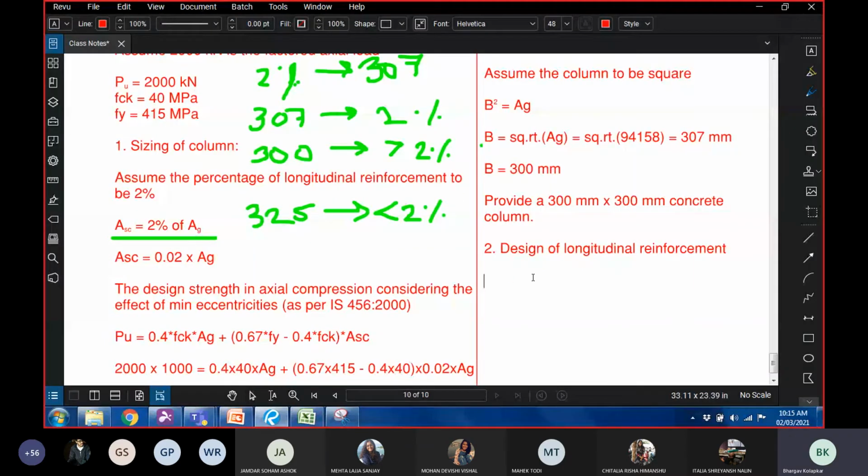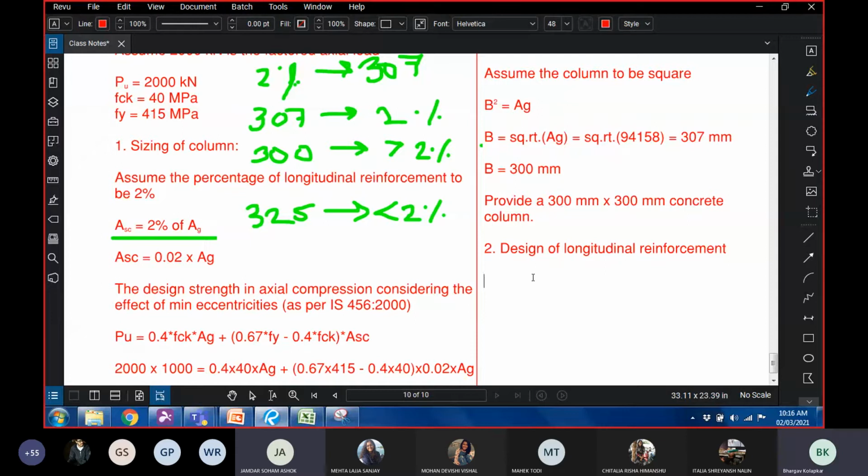Okay. So design of longitudinal reinforcement. Yes, Bhargav. We assume the value of AG as well, right? With like 2%. We have used that value in the calculation. Yes, you're correct. Go on.